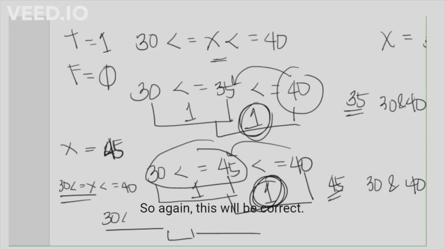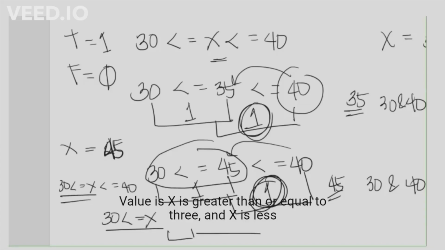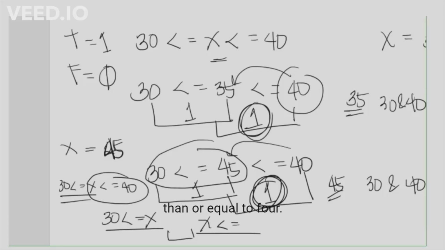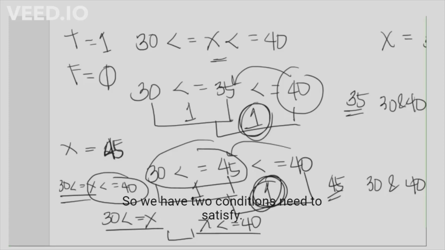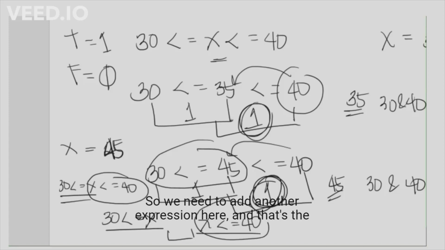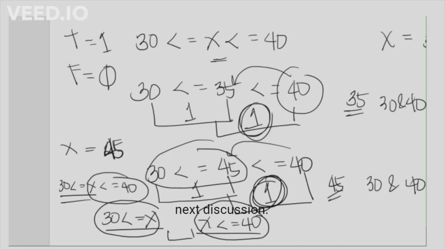So the correct value is x is greater than or equal to 30 and x is less than or equal to 40. So we have two conditions that need to be satisfied, so we need to add another expression here, and that's the next discussion.